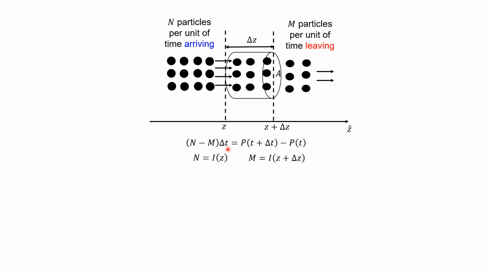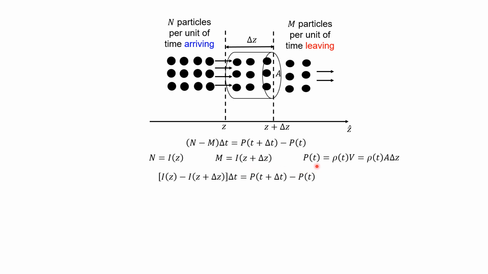Now there's no physics here, this is just a change of notation. Instead of calling this flux n, we are calling it the current evaluated at the position z. And in the same way, m is the current leaving at the position z plus delta z. So using this notation, this expression is reduced to this expression.